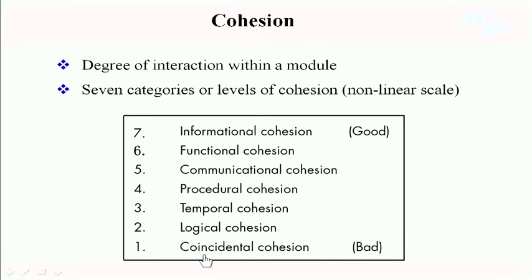Level 1, coincidental coherence. Level 2, logical coherence. Level 3, temporal coherence. Level 4, procedural coherence. Level 5, communicational coherence, and Level 6, functional coherence. Then Level 7, informational coherence.